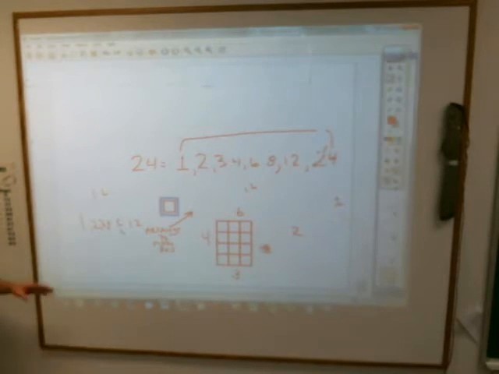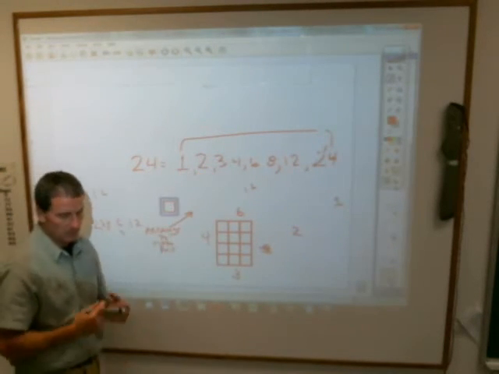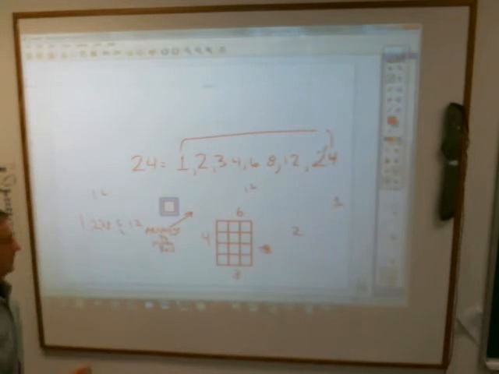Same thing with 24. If I had done 24, I can make all those sorts of things. So they get you to try to think about that in different ways.